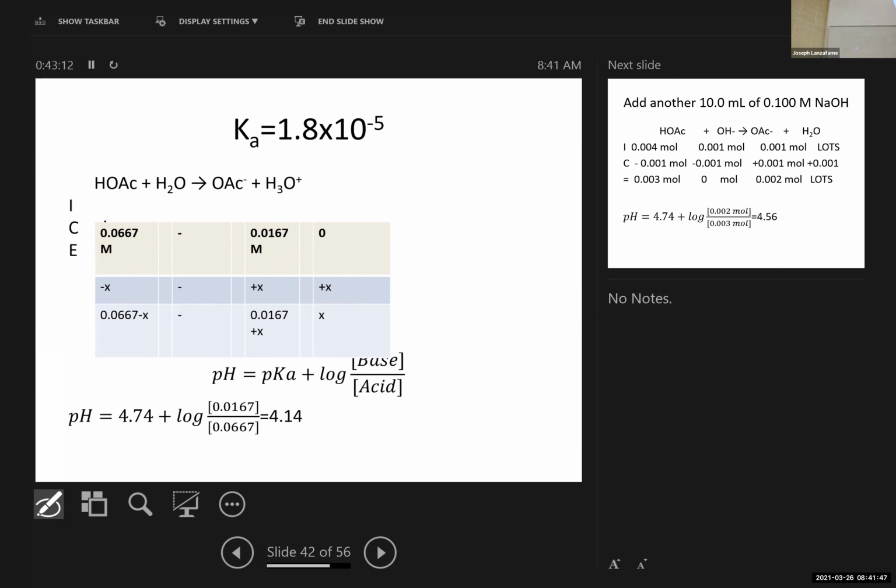You might note this is also something of a difference from my strong acid, strong base titration, right? The pH has moved much more, right? We'll look at the numbers again in a minute, but for the strong, it went from 1 to 1.17, right? For my strong weak here, it went from 2.87 to 4.14, right?